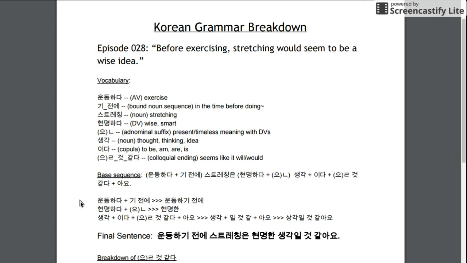So let's see here. Undong hada combines directly with gi jane: before exercising, undong hagi jane.